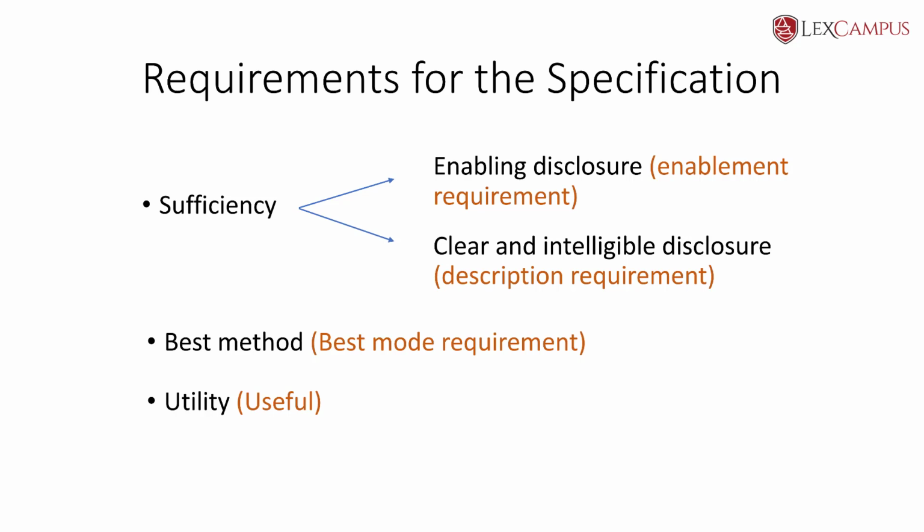Now, on utility, it is not something that really affects most applications, because in your application, you will state the objectives of your invention, for what the invention is to be put to use. So the usefulness of the invention normally comes in because the invention always targets a problem that has not been solved. Because you have defined your invention as a solution to an existing problem, it's very hard for us to miss out on the utility requirement.